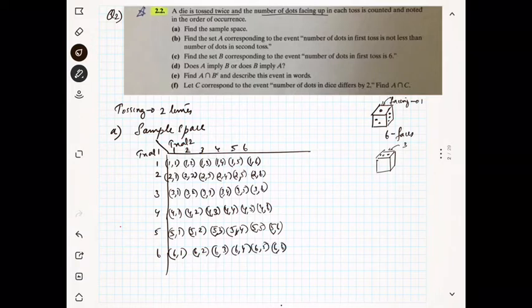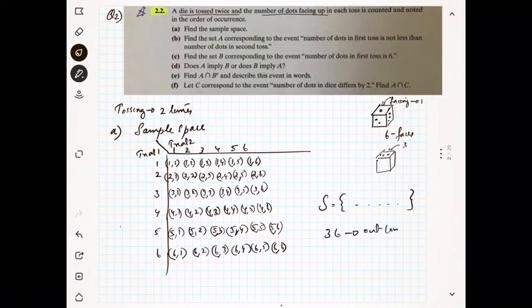That means you have a sample space with all these elements, and the number of possible outcomes is 36 in this experiment.